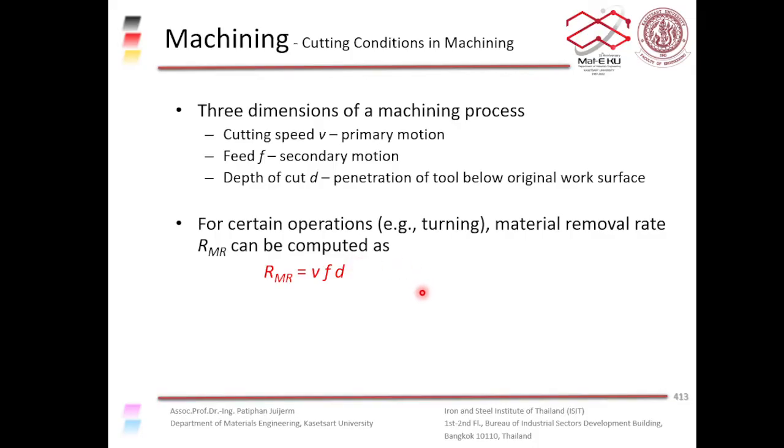Basically, when you're turning the workpiece and moving the cutting tool onto it, how fast are you turning the workpiece? How fast are you moving the cutting tool? And that will give you how much material removal, right? So basically, it's just the volume of the material removed in a certain time.